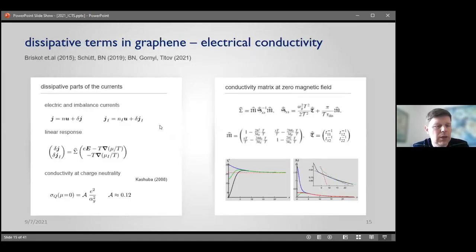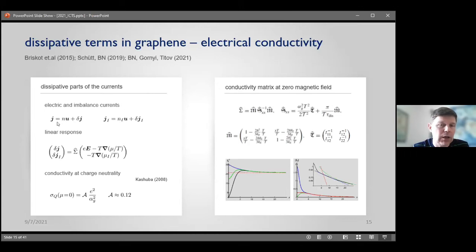However, when we mean dissipative terms in hydrodynamics, we mean those terms that appear due to electron-electron interaction. So these would be viscosity, and in the conventional fluid, thermal conductivity, and in this electronic fluid, electrical conductivity, which at charge neutrality in graphene is only attributed to electron-electron scattering. Right?